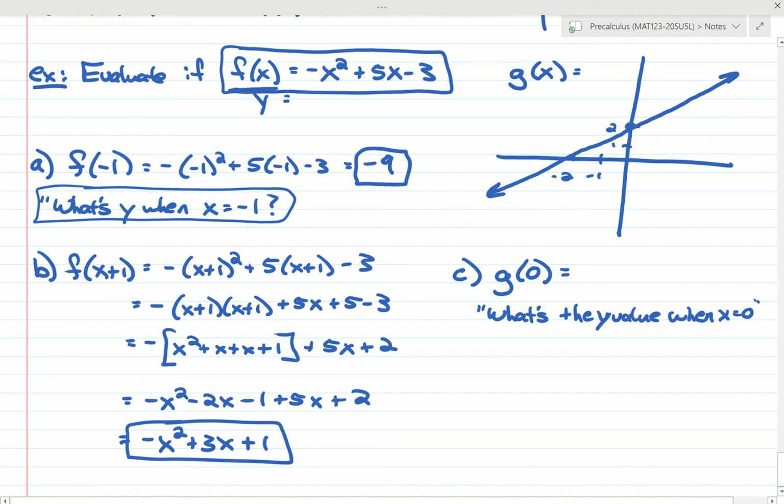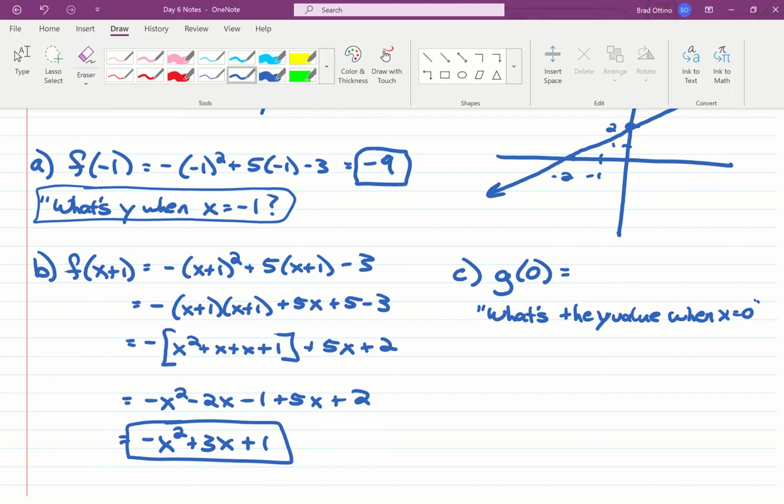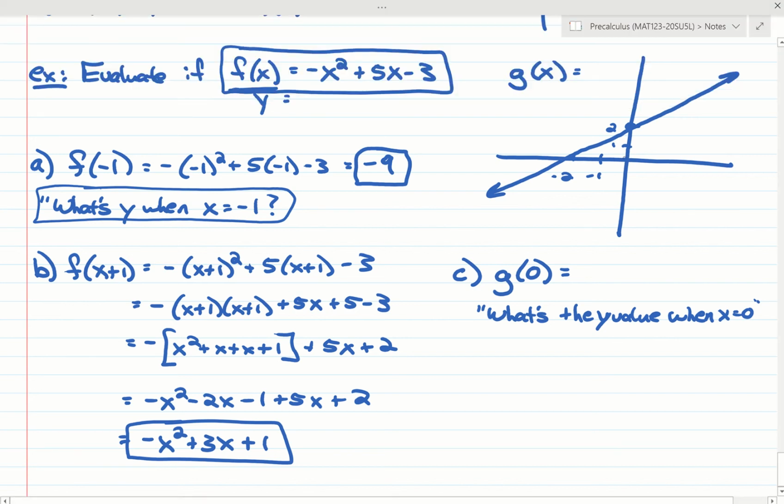Okay, well, x equals 0 is right here. And what's the y value there? Well, we have this point, right? That point would be 0, 2. So when x is 0, the y value is 2. We just have to interpret the graph to get that answer.